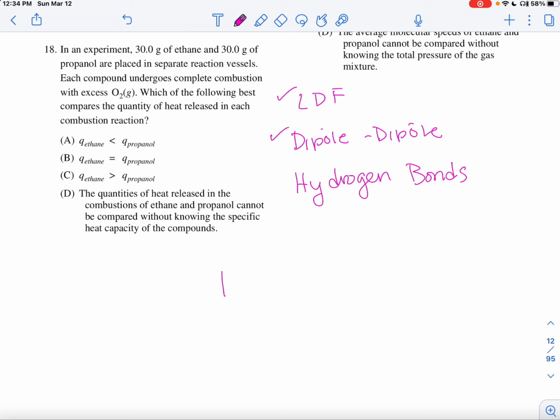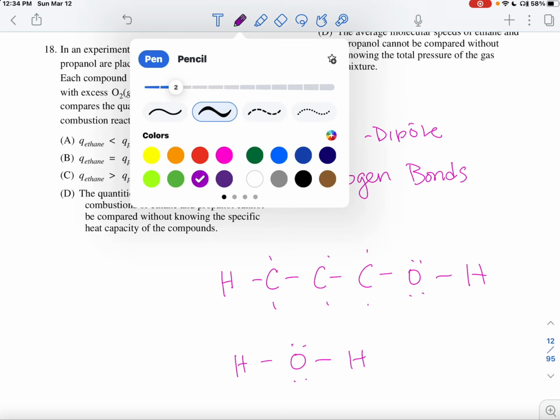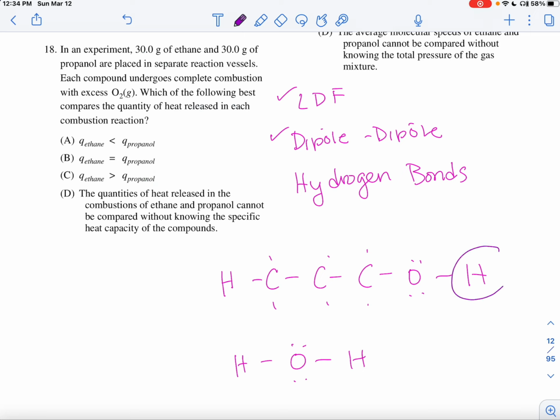Let's draw another propanol again. I'm not going to do all the H's here again. I said that a hydrogen bond is between a hydrogen of one molecule and an oxygen, nitrogen, or fluorine of another. That oxygen, nitrogen, or fluorine also needs to be attached to a hydrogen.